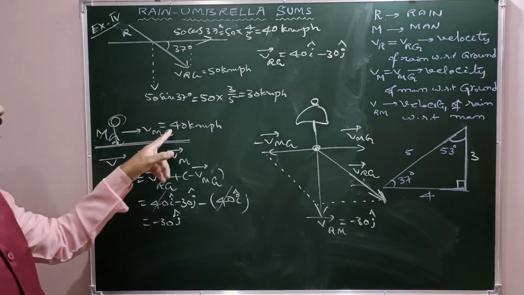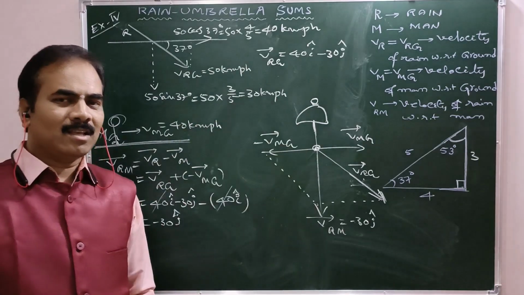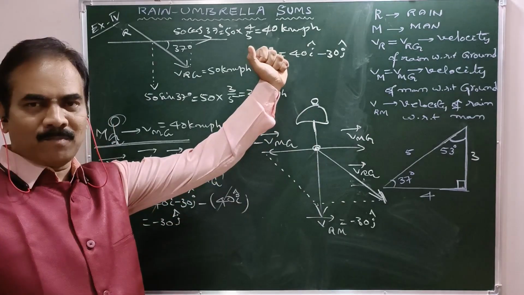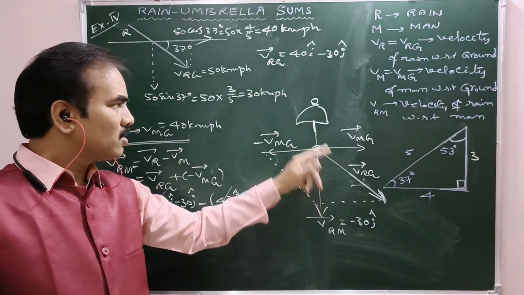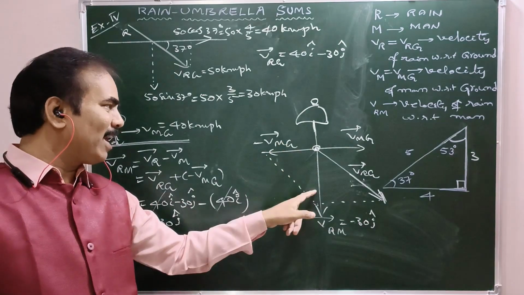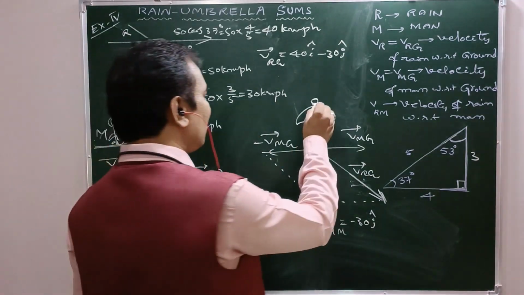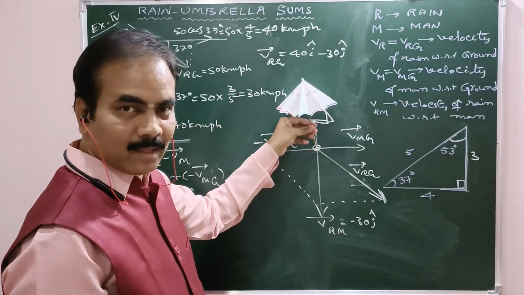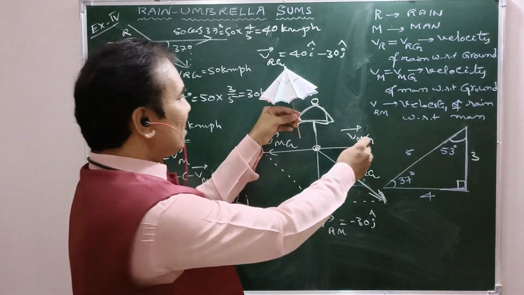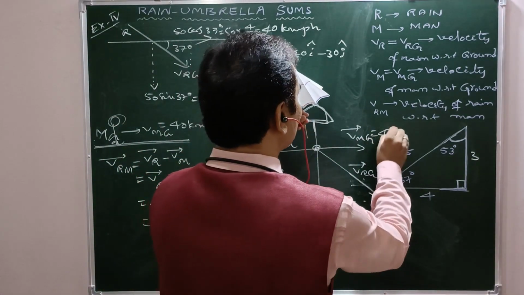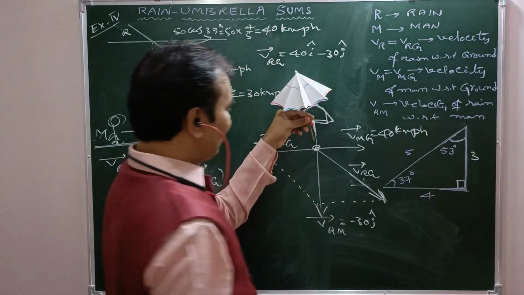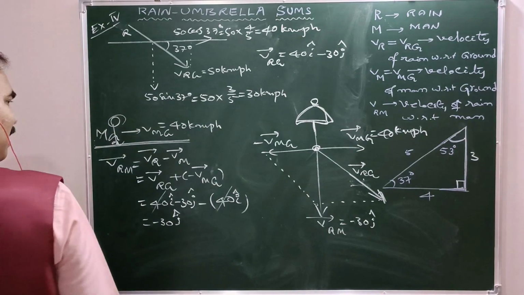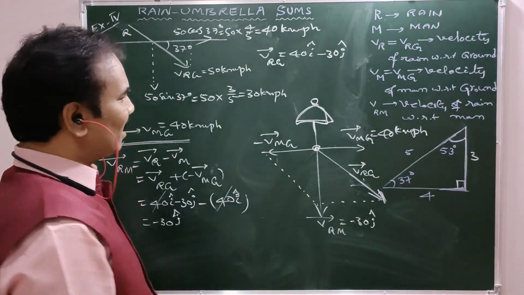For this man running at 40 kmph along positive x-axis, you must hold the umbrella vertically up. Why? Because VRM is vertically downwards, so you must hold the umbrella along the same line but opposite to VRM. This is the correct position of the umbrella, vertically up.